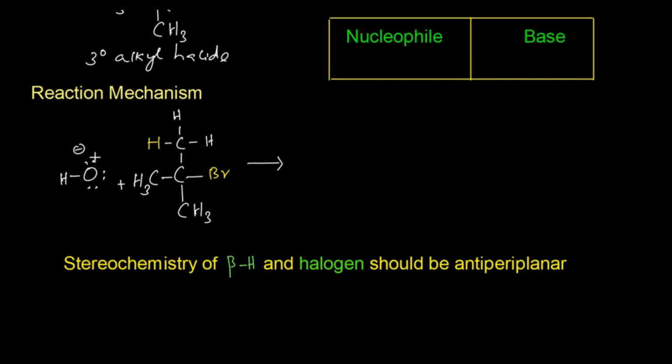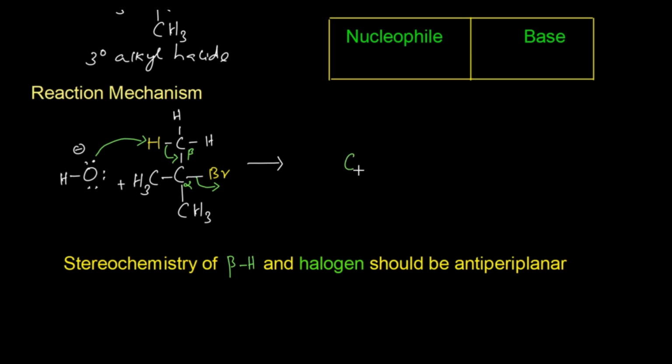Now this nucleophile is going to abstract the beta carbon proton. The halogen-connected carbon is the alpha carbon, and the next one is the beta carbon. So it will attack this beta hydrogen, this bond will shift here, and simultaneously the halogen bond will get cleaved. So finally what will we get?